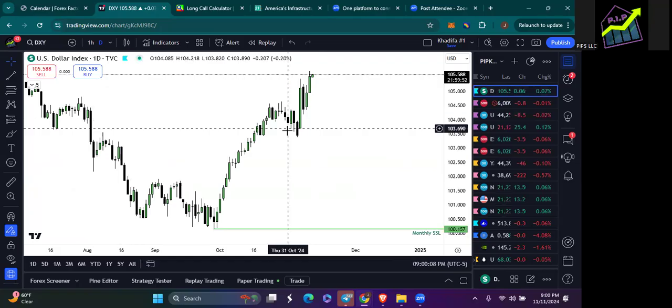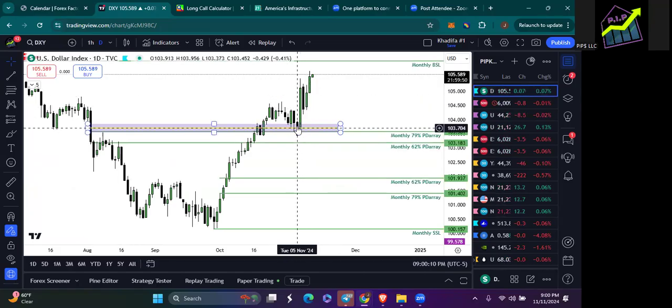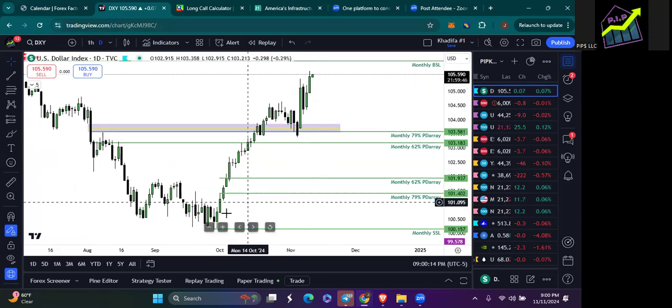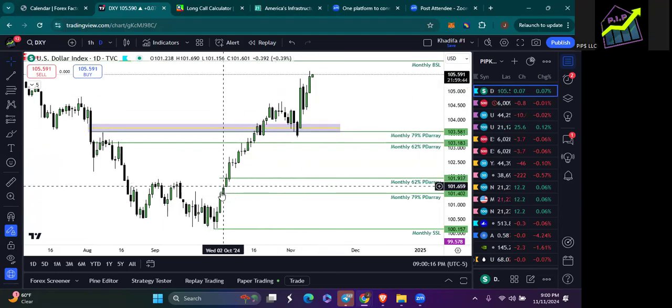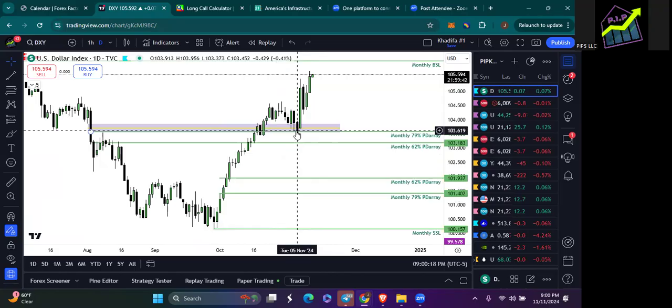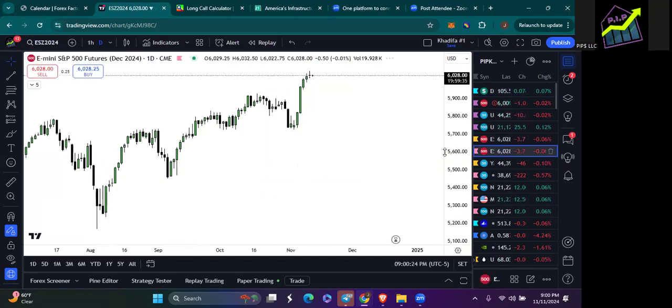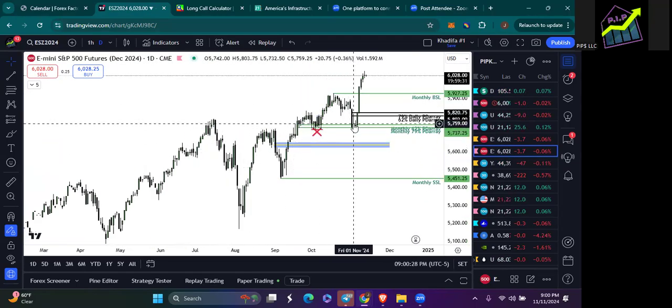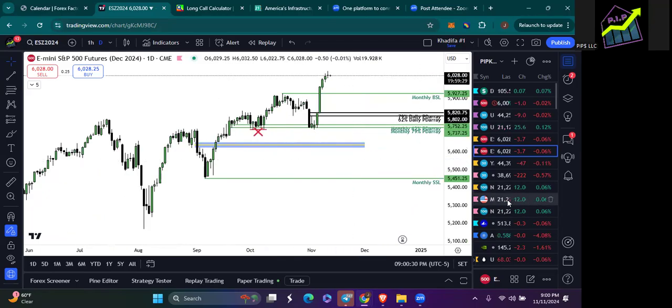We can see here with our own eyes that the dollar has been moving up since September, since the beginning of November, and we can see that ES has been moving up since September, beginning of November as well.